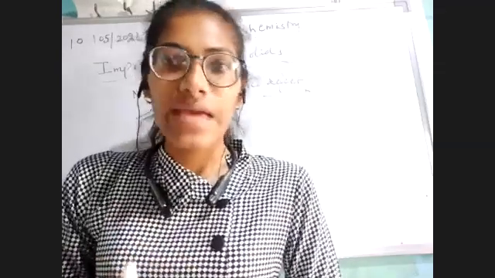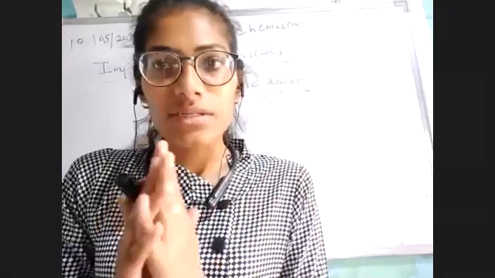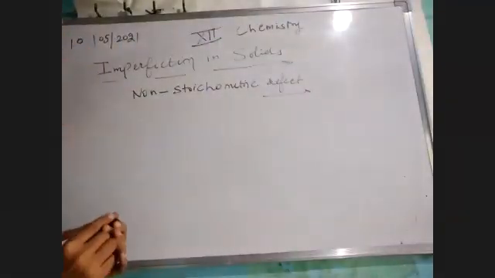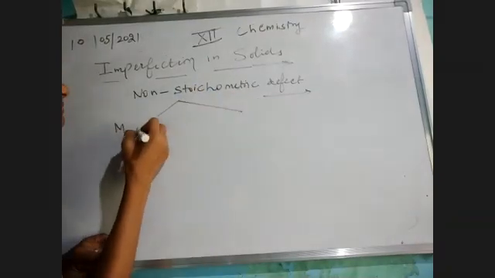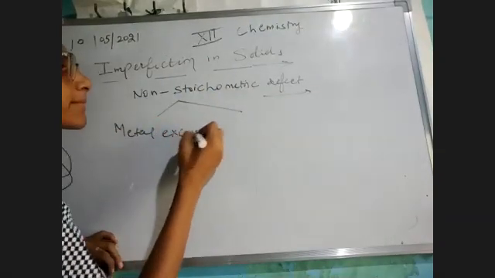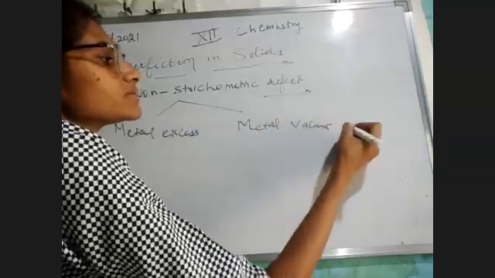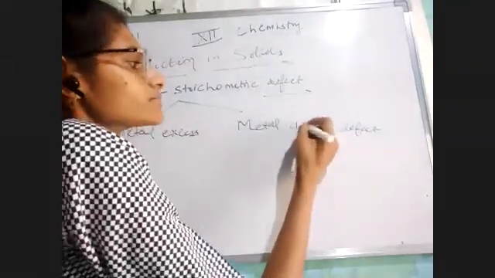But we have some solids, we have some examples, this is very rare, but yes, this happens, that stoichiometry is little bit disturbed, and which is known as non-stoichiometric defect. It is of 2 types, metal excess and metal vacant, or we can say metal deficient.